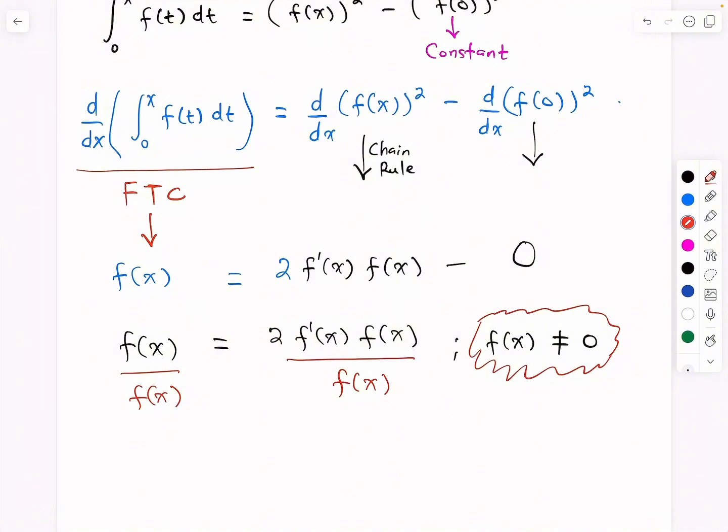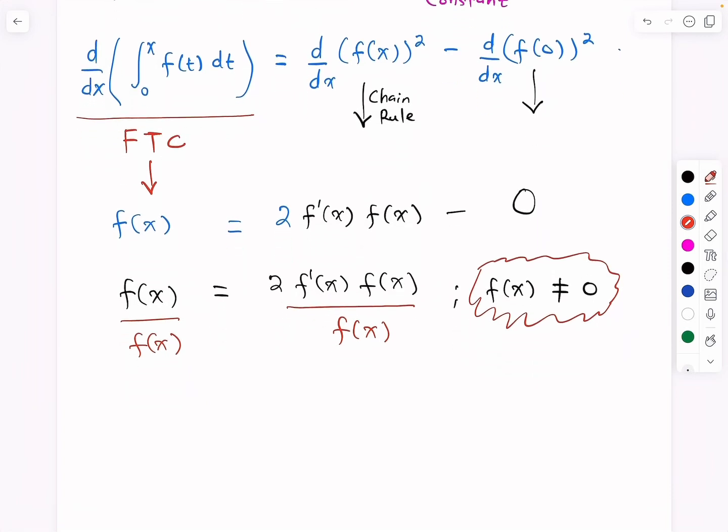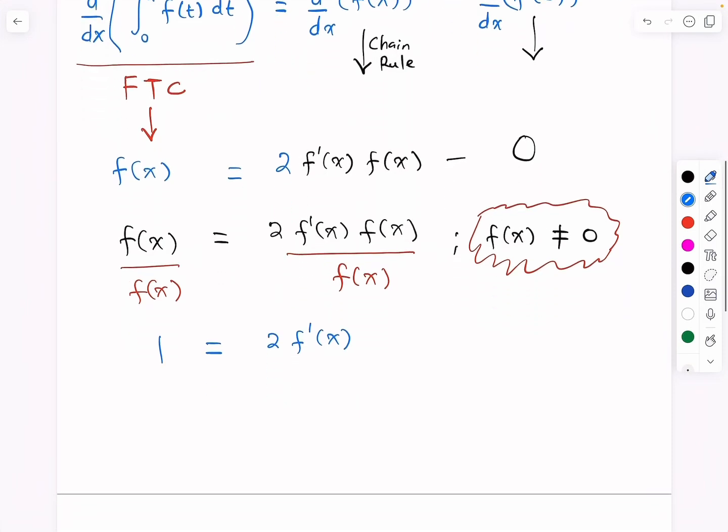So f of x should not equal 0. Dividing, I get 1 on the left and 2 f prime of x on the right. Then I divide both sides by 2, so f prime of x equals 1 over 2.